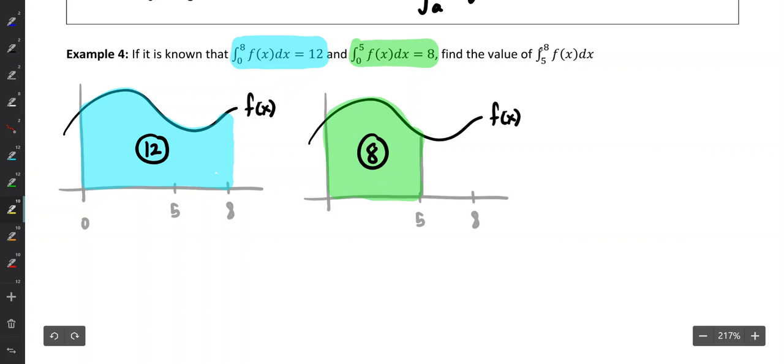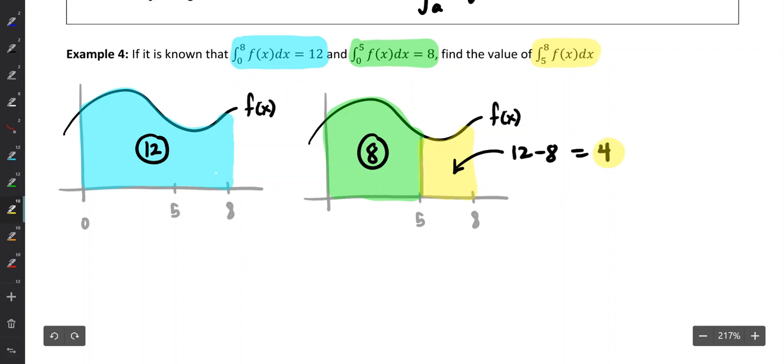And then the question is, well, what's the area under the curve from 5 to 8? Well, if the whole thing is 12 and this part is 8, this part has got to be 12 minus 8. In other words, it's 4.